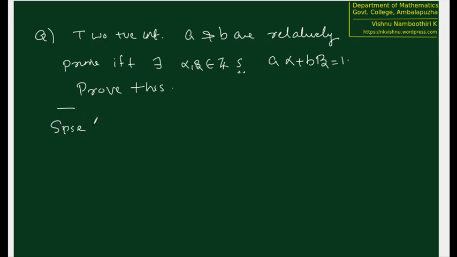Suppose GCD of A, B is equal to 1. That means A and B are relatively prime. But what does Bezout identity say?